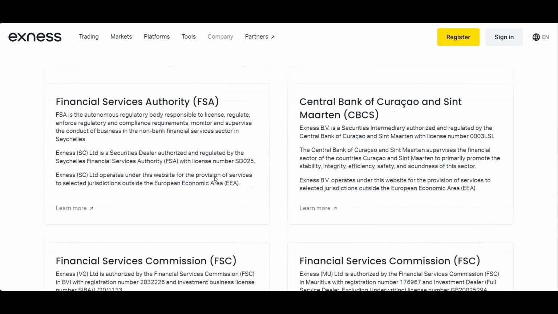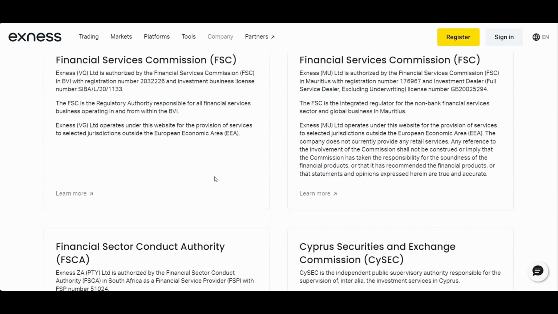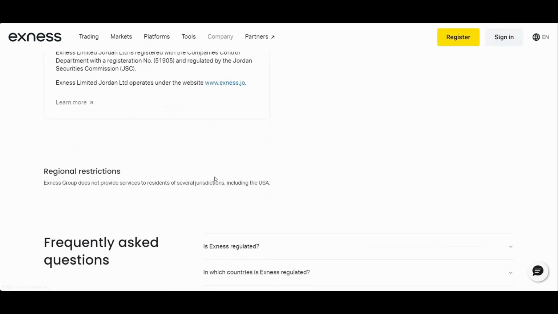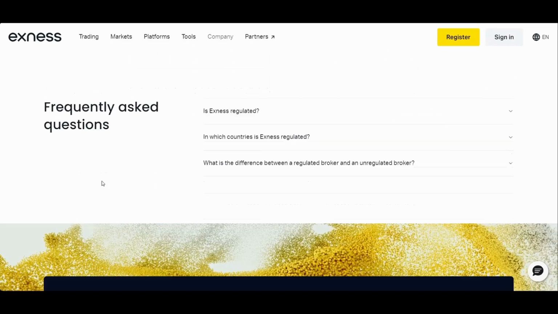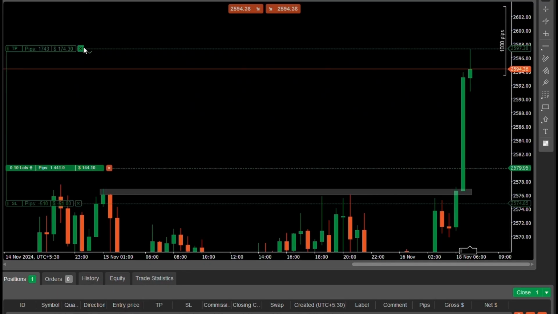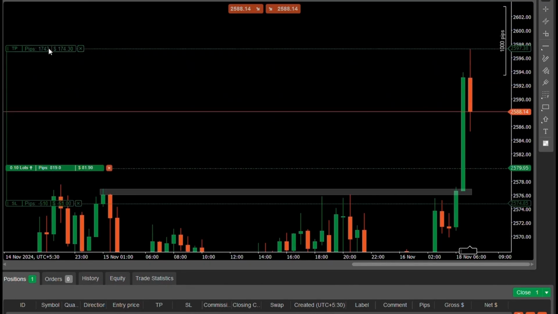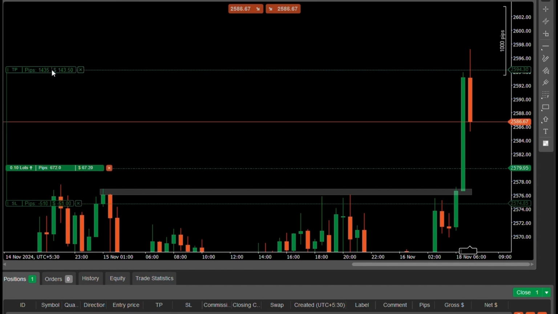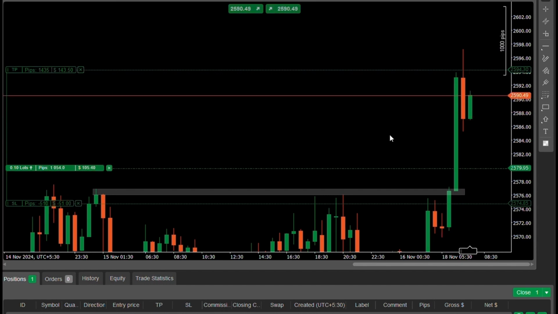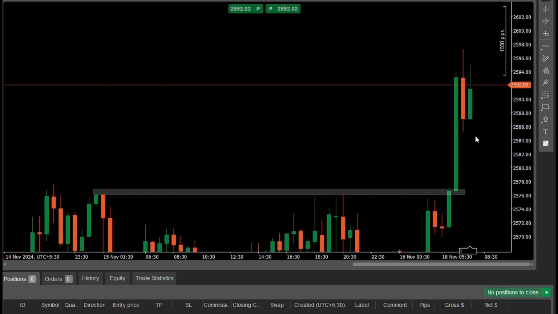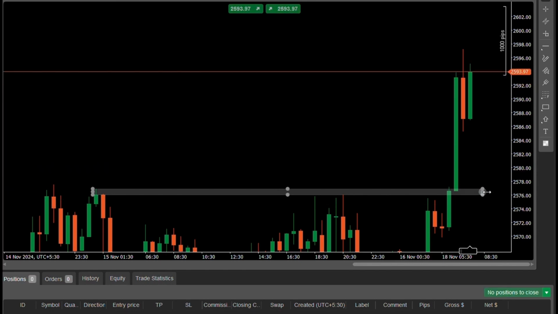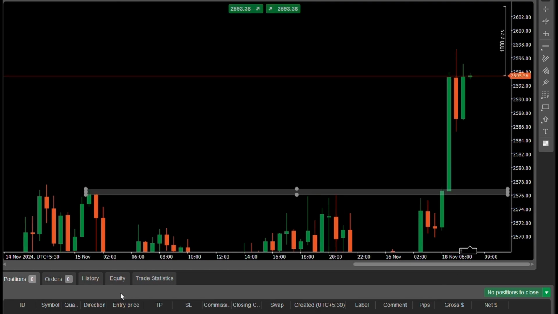You need to look for a reference licensing number, which you can then use to verify the entity by going to the regulator's own website and checking its registry of authorized entities. You also need to assess a broker's transparency about order execution and whether it can be trusted not to manipulate price action. You need to check whether the broker has a best execution policy, publishes regular quality execution statements, and states its average execution speed.